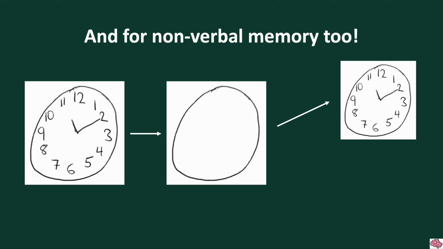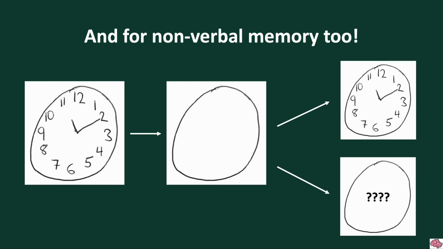In contrast, if despite being shown this visual cue in the form of the circle, they still didn't really know, and perhaps they said, oh, was it a wheel? Then that would suggest a rapid forgetting pattern of memory impairment for non-verbal information.